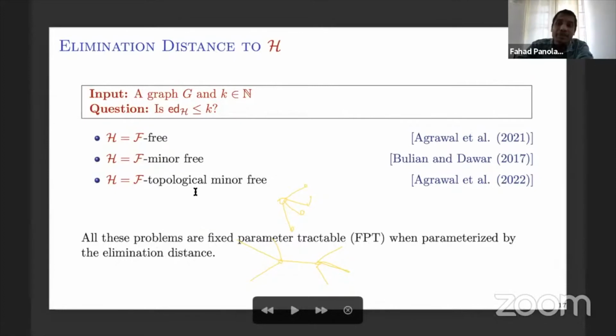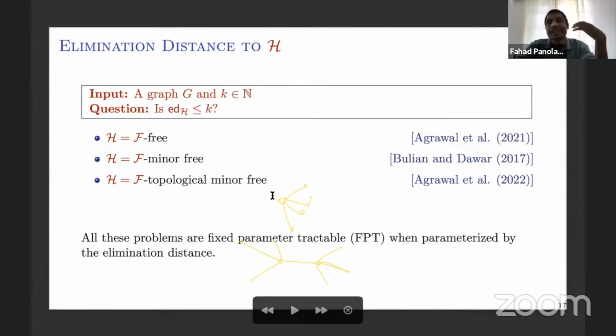Indeed, we prove an even more general result, which subsumes all the other graph classes, which are not any of these F-free, F-minor-free, and F-topological-minor-free classes that we have seen before, like chordal graphs, bipartite graphs. For those cases also, we can get that elimination distance to that particular class is FPT.